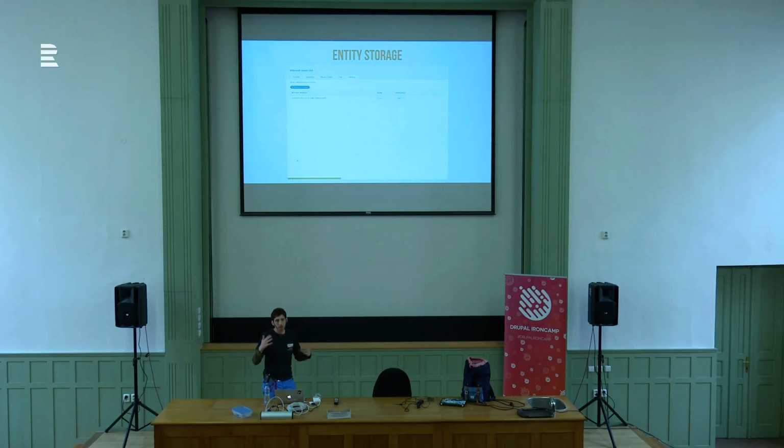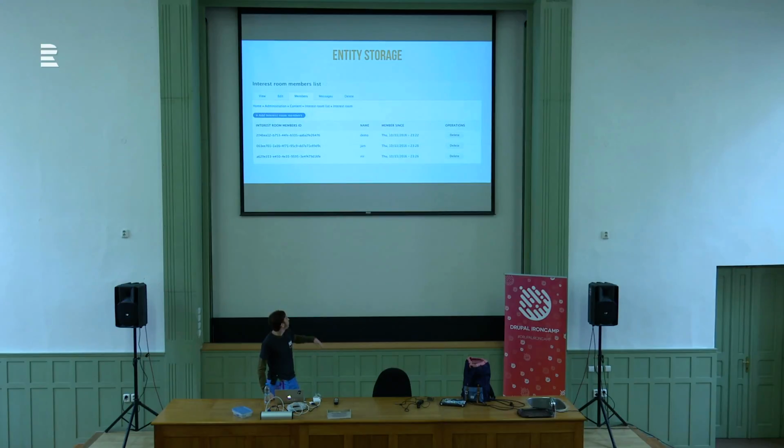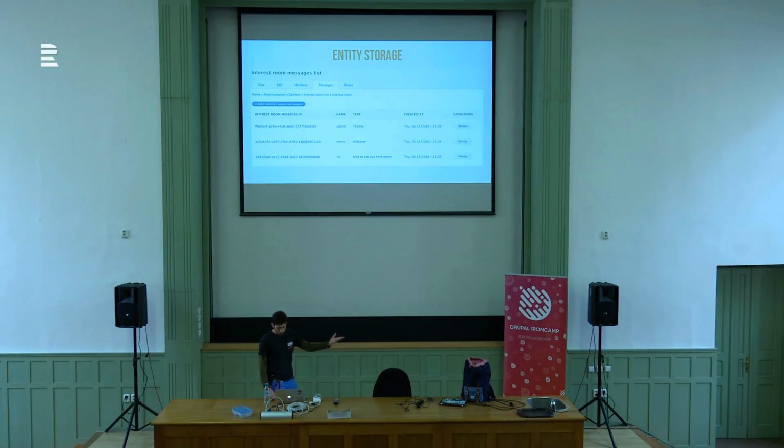Drupal acknowledges it as any entity that you could want to use, maybe nodes or comments, but in this case, rooms. What we can do also is manage all the people inside a room and see their messages. And now that we have our backend, let's do our cool frontend. And the thing is that Drupal is not built for real time. Let's face it.